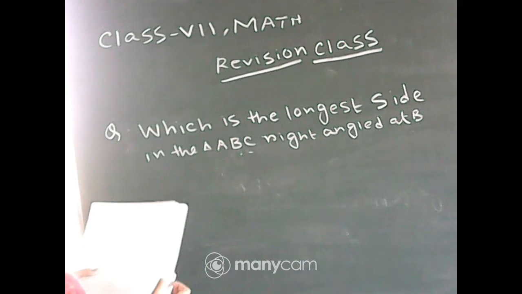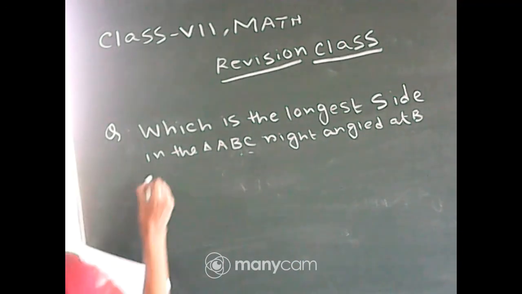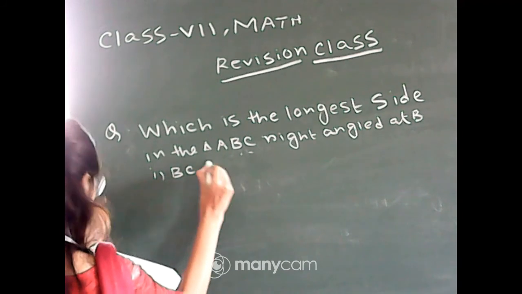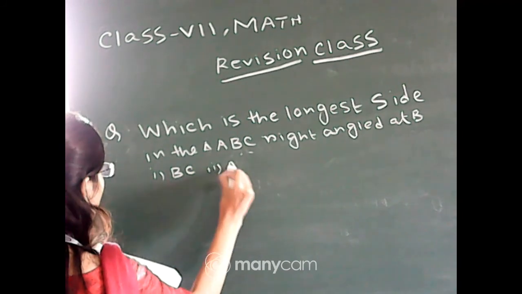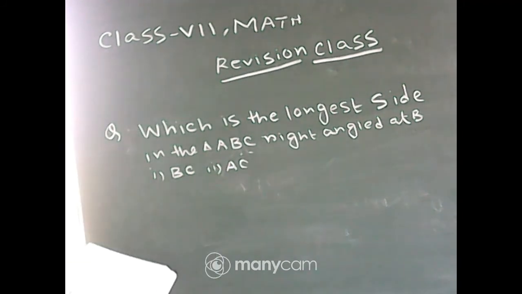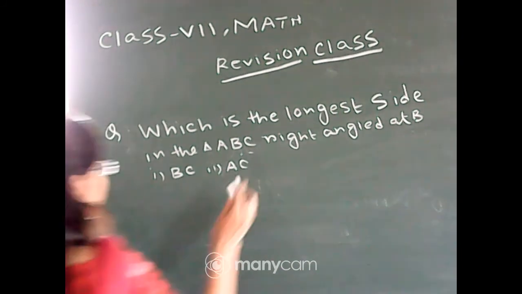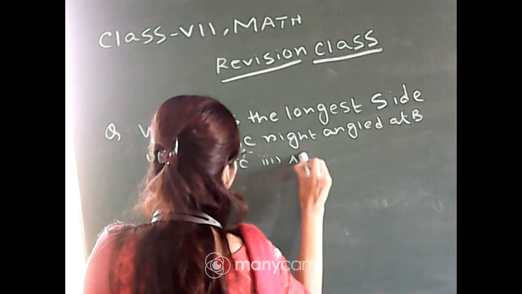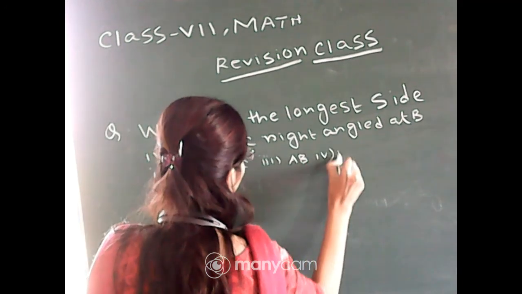First draw the picture. Option 1 is BC, option 2 is AC, option 3 is AB, and option 4 is none of these.